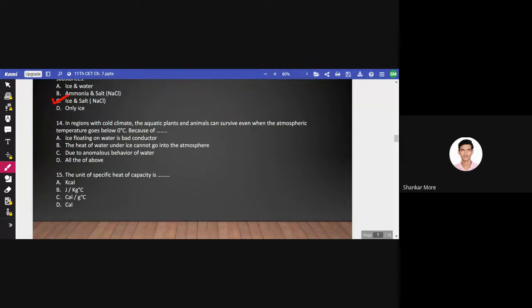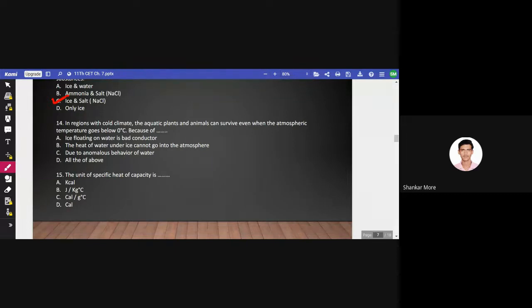Okay, so everybody is writing due to anomalous behavior of water. It's anomalous, okay, it's not anonymous. That word has a different meaning. Okay, somebody has given option D as the correct option.